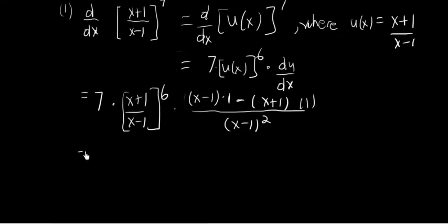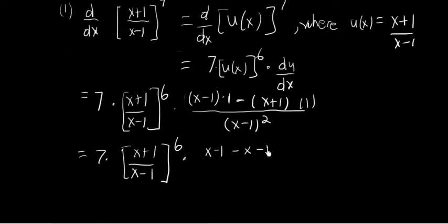So if we go ahead and simplify, we'll get 7 times x plus 1 over x minus 1 to the 6th power times x minus 1, then minus x minus 1.